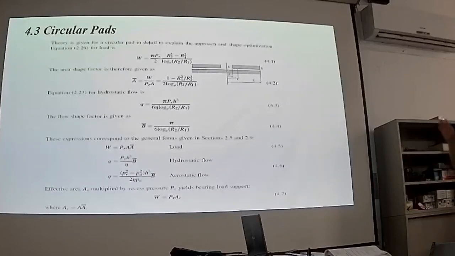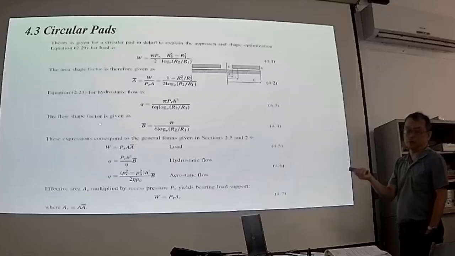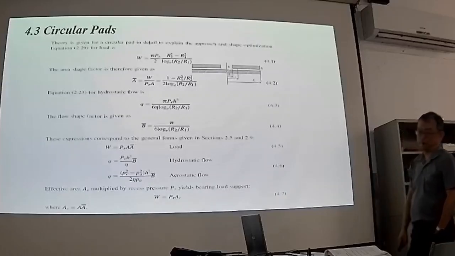其实我们前面第二章已经介绍过这个理论的部分，这个是承载力，这个是流量。只是我们这一章是用别的代号来表示，就是用面积形状因子A bar跟流量形状因子B bar来做不同的表示。这个只是推导。This is the relation how you can obtain the area shape factor A bar and flow shape factor B bar from the formula.